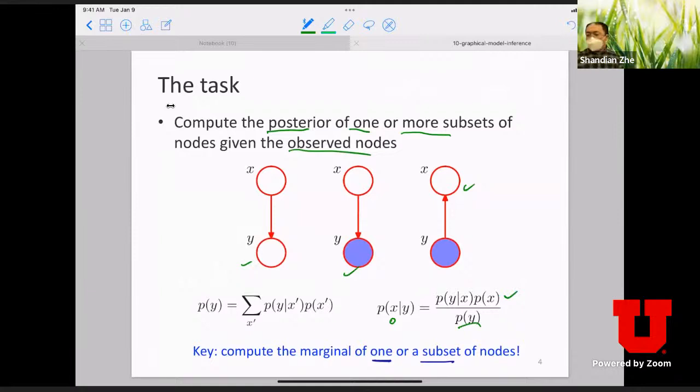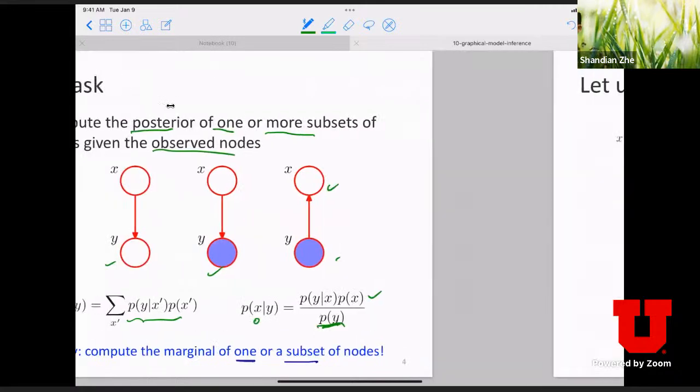So the major challenge is to compute the denominator, which is essentially the marginal distribution of the observed nodes. From this simple graphical model, you might say this is not a problem, because we just marginalize the joint distribution with respect to X, that's it.